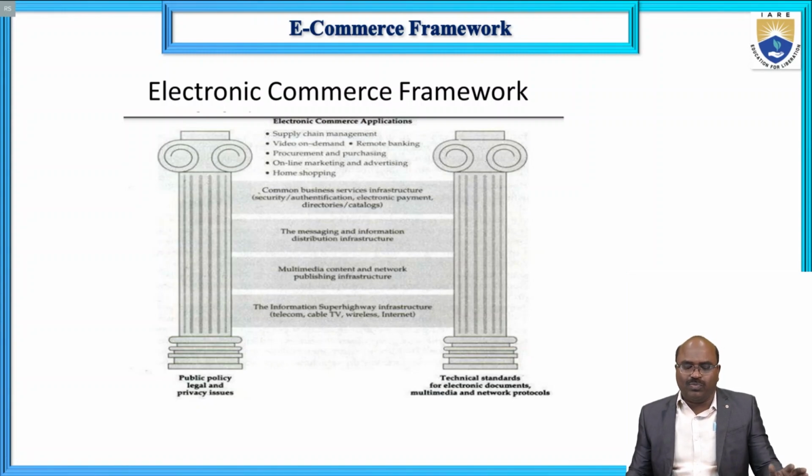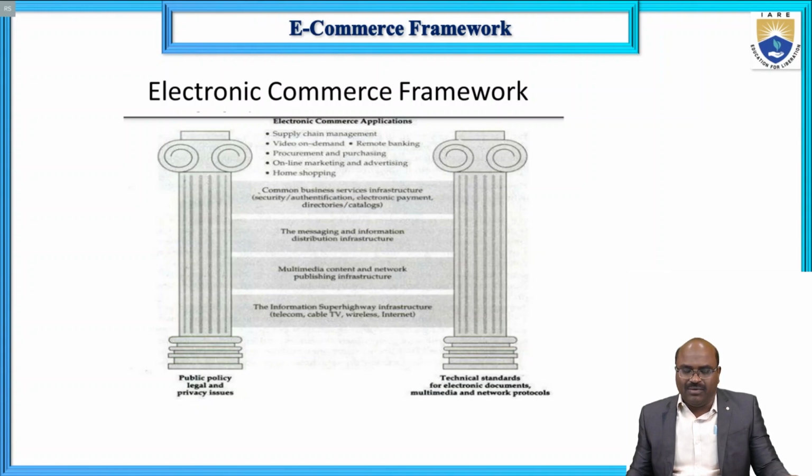So here two pillars are important. One is public policy, where legal and privacy issues are the most important aspect. The second is technical standards for electronic documents, multimedia, and network protocols. What is meant by protocol? A protocol is nothing but a set of rules and regulations. Any company must maintain certain protocols.